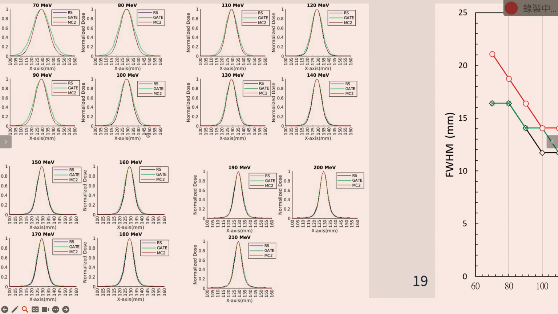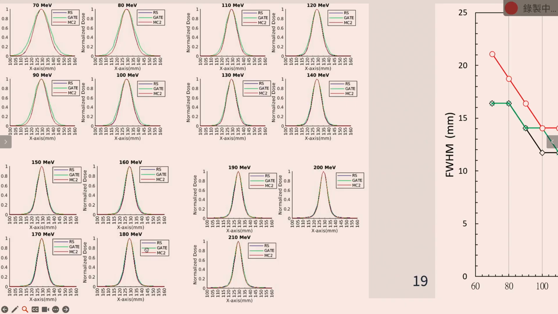Because the proton-induced radioisotopes have quite short half-lives, does the time impact your simulation or your future clinical implementation? After the patient does the irradiation of proton therapy, the patient will do an offline PET.